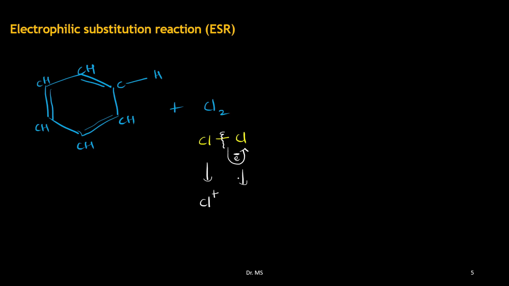The other chlorine which gained the electrons becomes negative, so this will be turned as Cl minus. Now I told this Cl plus is the chlorine that is going to attack this hydrogen. So this is my electrophile because it is containing the positive charge. Usually we know the chlorine should contain the negative charge, but this chlorine is containing the positive charge.